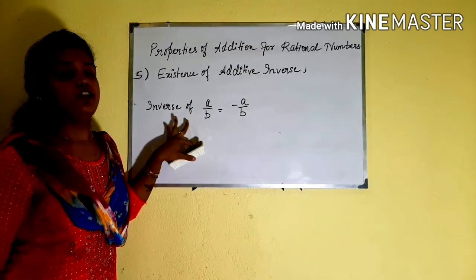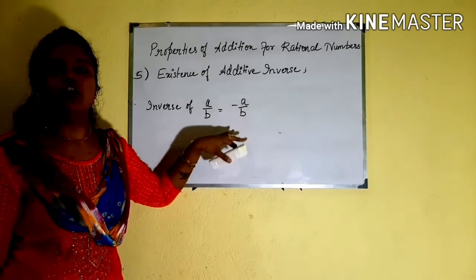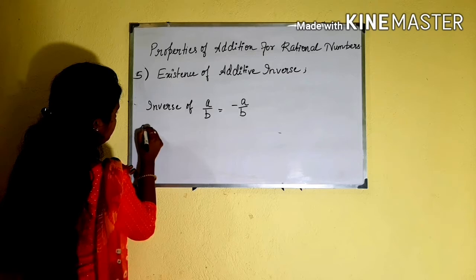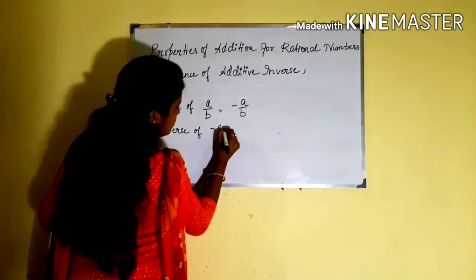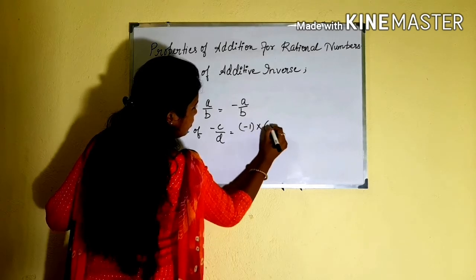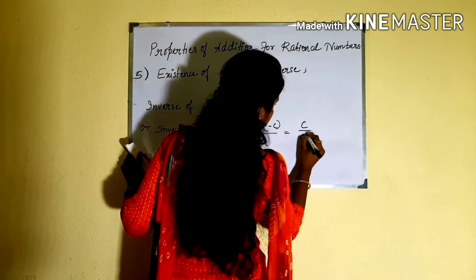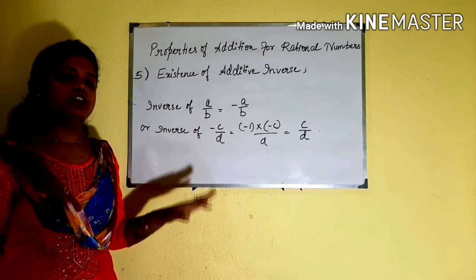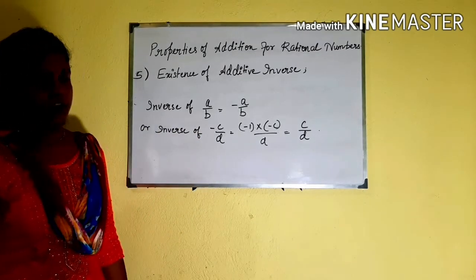The inverse of a by b, that is minus a by b, is obtained by multiplying the numerator of the rational number by minus 1. So the negative of a rational number is the inverse of the rational number.